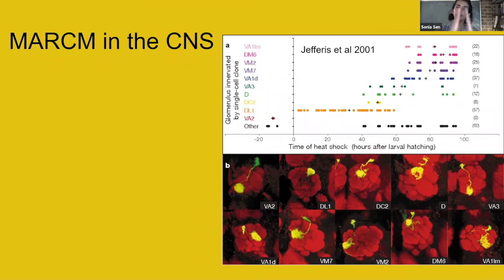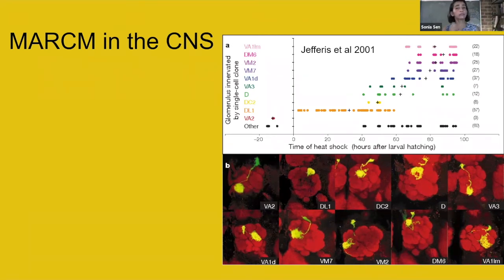So suppose you give it for 1 hour, you may catch, say, 12 cells that were dividing. If you give the heat shock for 15 minutes, you may catch only 2 cells that are dividing. If you give the heat shock for 5 hours, you may catch 50 cells that are dividing. So this 5-hour event will end up with very many clones in the brain. The 15-minute heat shock will give you very few clones in the brain.